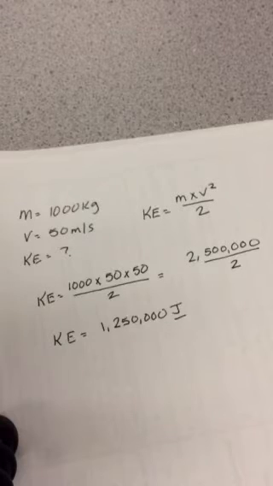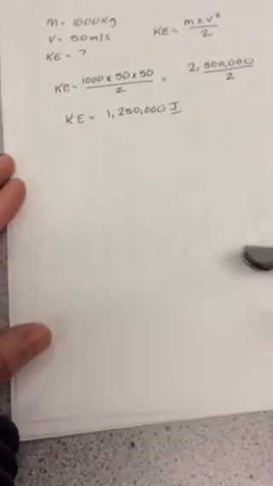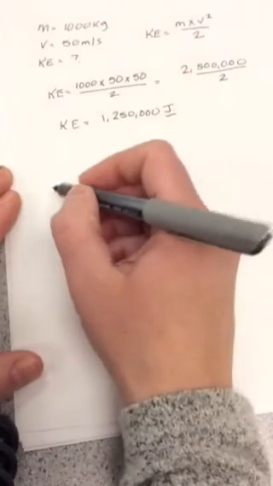So sometimes we are given different parts of the equation. In this next example, I'm going to show you how to solve for mass if you're given kinetic energy and velocity. Okay, so I'm going to move my paper up, start a new problem. I'm going to read the problem to you.